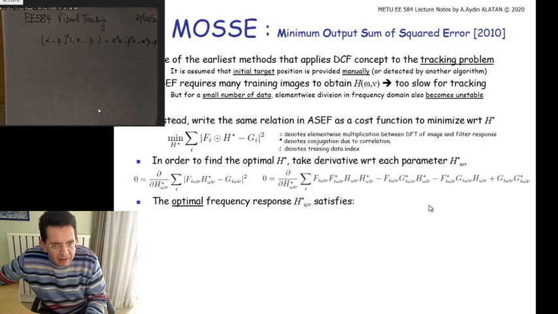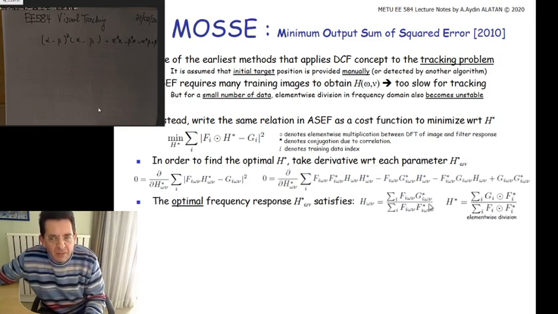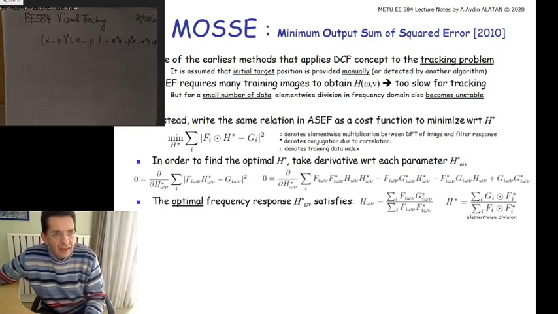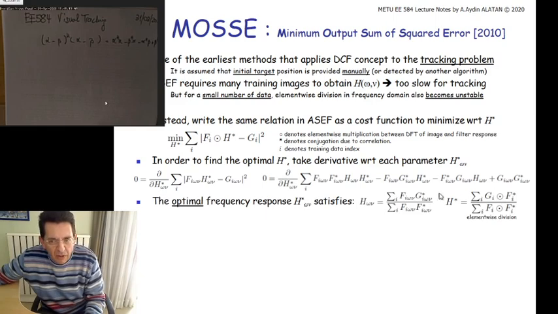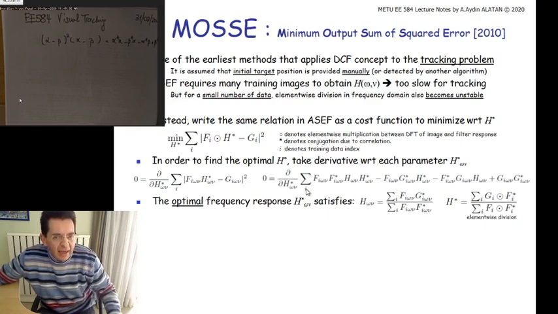And the result, the optimal frequency response, becomes nothing but this one. Okay, this result, fg is these guys here, and here we have these three terms. If you just take it into the parentheses, h is independent of the frame index because h is constant for all frames.